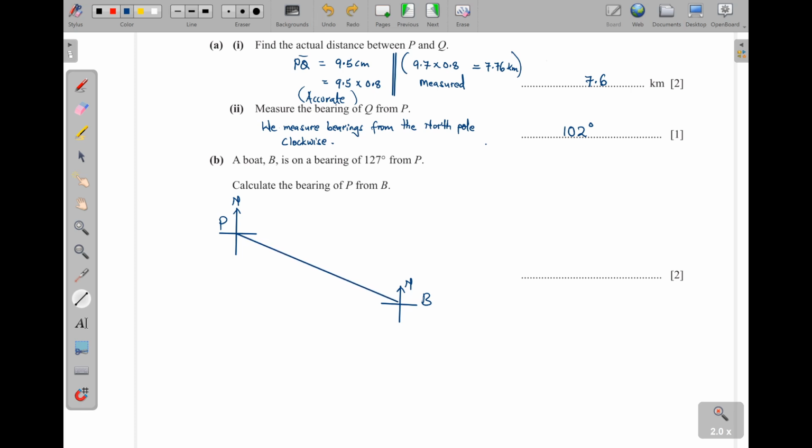we connect again, then this is 127 degrees, and they want the bearing of P from B. So they want this one from B. Then you measure up to here. Now, I can extend this one here.